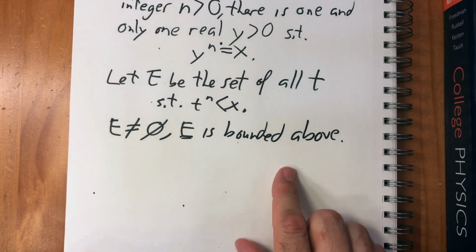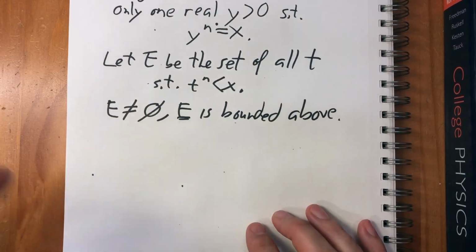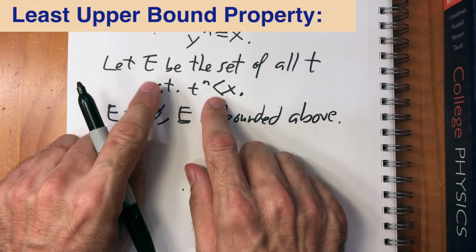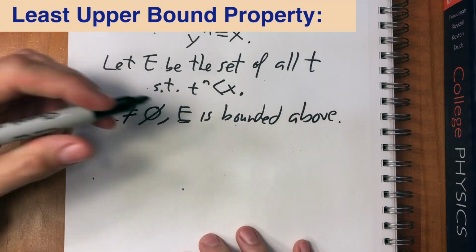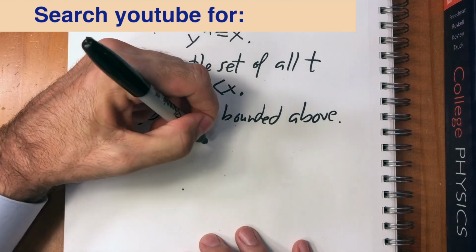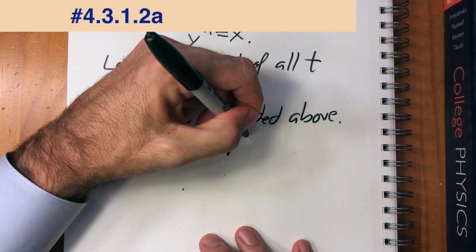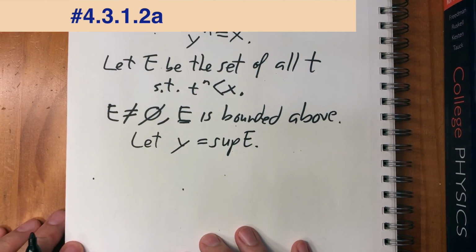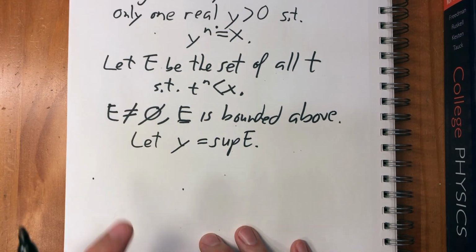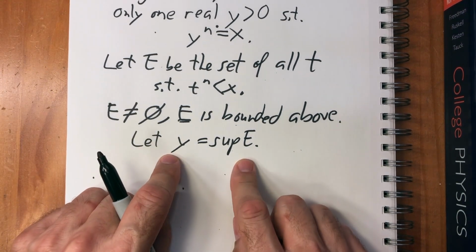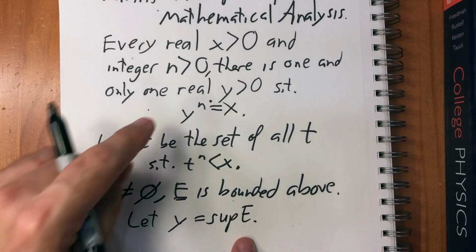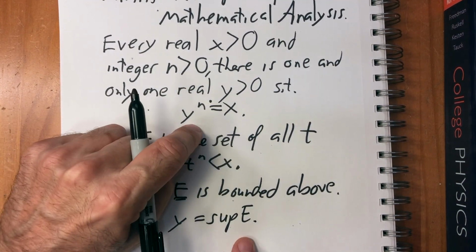That means since real numbers have the least upper bound property, this set has a least upper bound. So we let y equal the supremum of E, and what we want to prove is that that number, the supremum of this set, is the root of x.